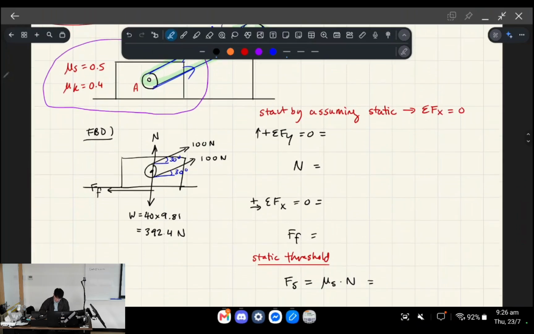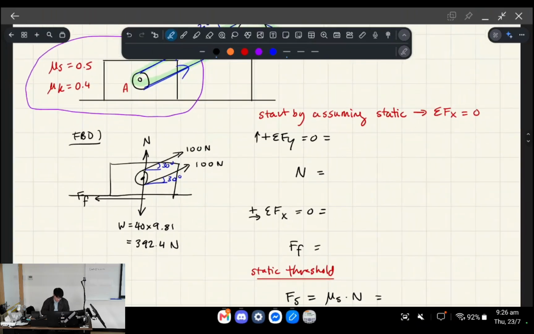So we're going to do static analysis first, okay? The first thing we do is we draw this free body diagram. We can calculate the weight force through m times g. We're given what the mass of the box is. And we also know that we've got two lots of tension pointed at an angle of 30 degrees from the horizontal.